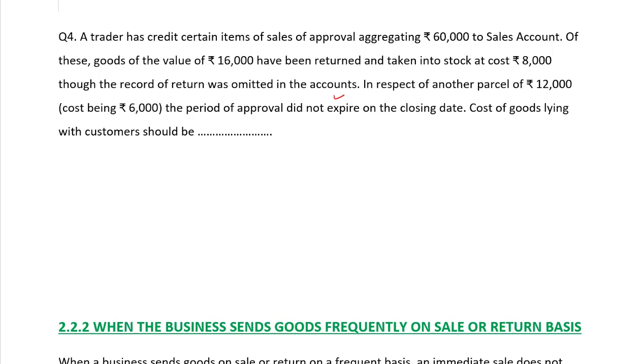Cost of goods lying with the customer should be what? So out of this 12,000, the cost is to be taken. Cost being 6,000. Answer: 6,000. Cost of goods lying with the customer should be 6,000.